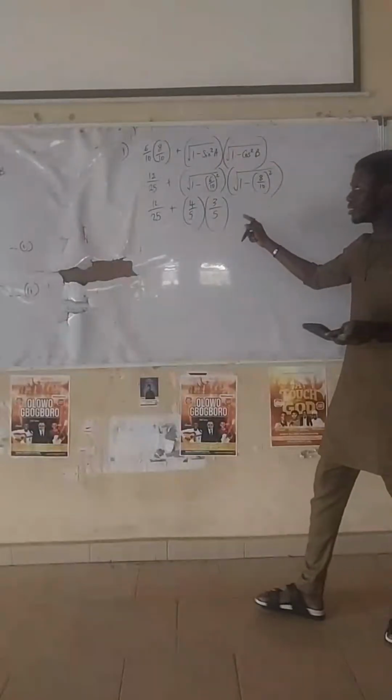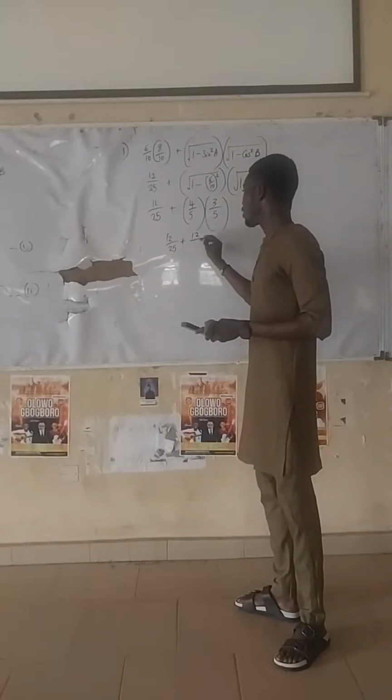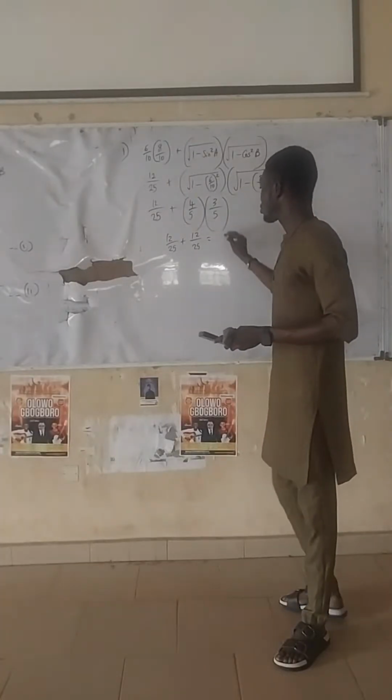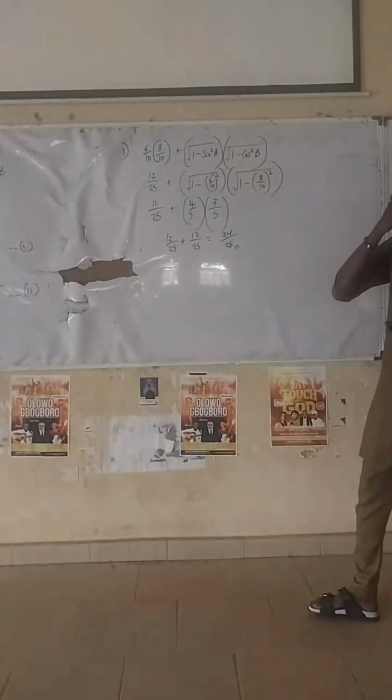Then you also do the same thing to multiply this side. So you have 12 over 25 plus 12 over 25. And that gives us what? 24 over 25. So this is the answer to question 1.